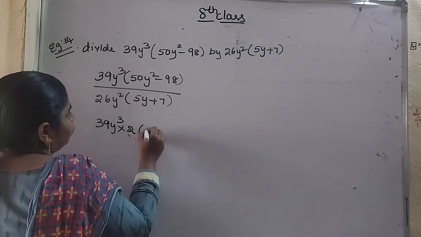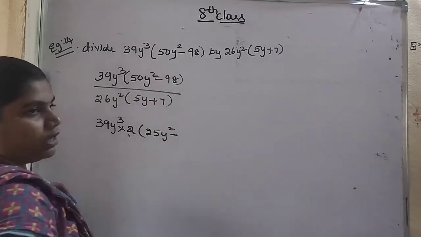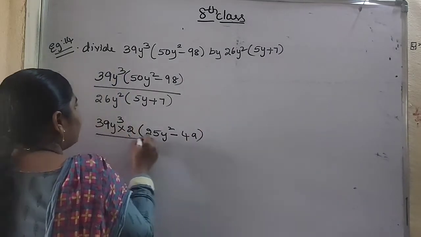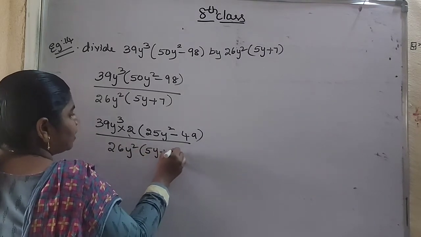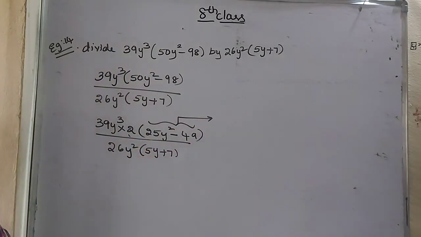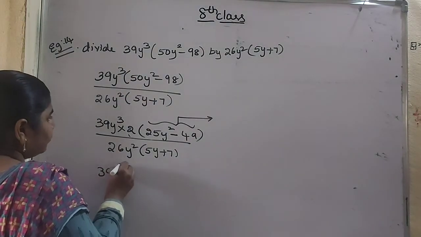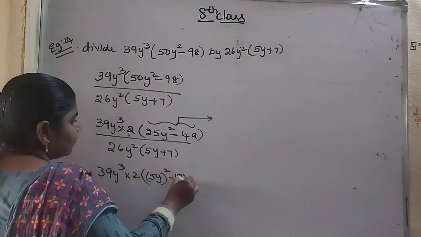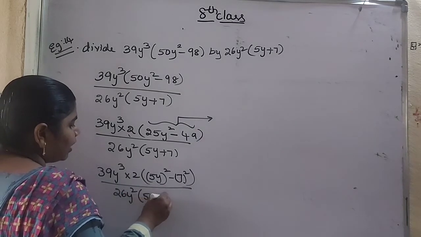So what is remaining? 25 times 2 is 50y square minus, how many times 2 will be equal to 98? 49 times 2 will be 98, by 26y square into 5y plus 7. If you see these two terms, 25 is also in the form of a square term and 49 is also in the form of a square term. So we can write 39y cube into 2 into 5y square minus 7 square by 26y square into 5y plus 7.